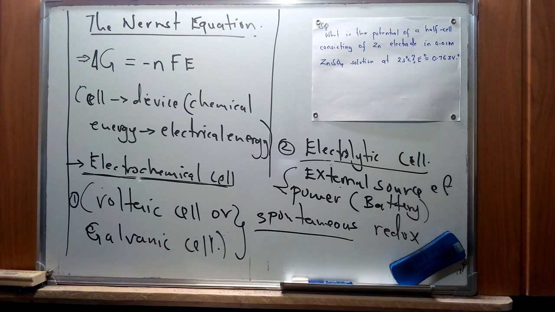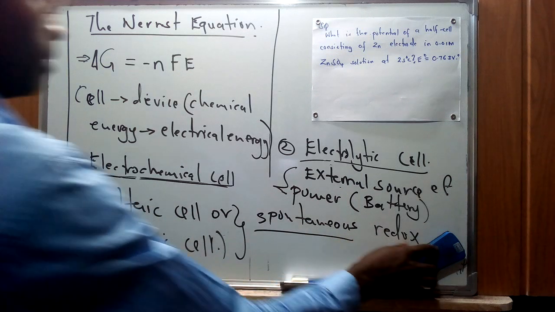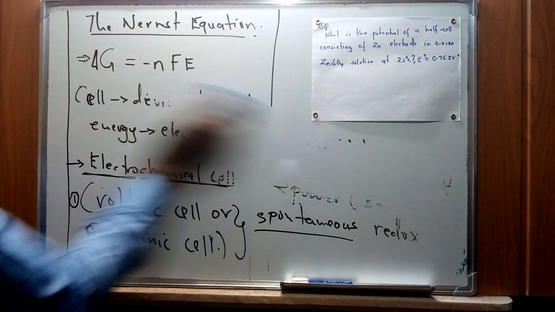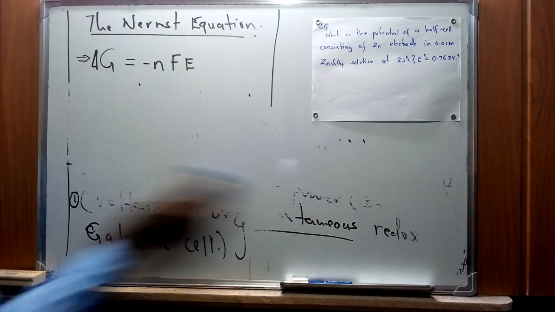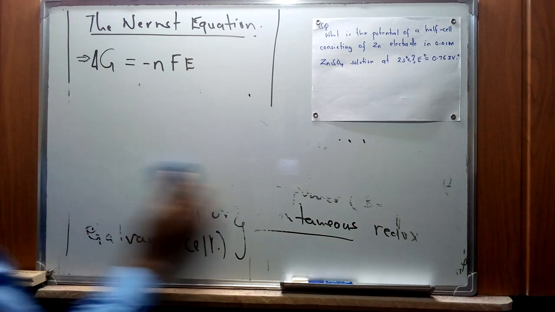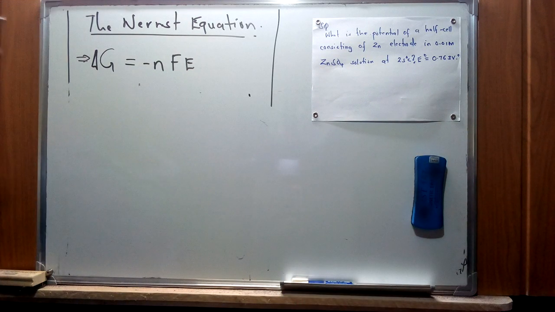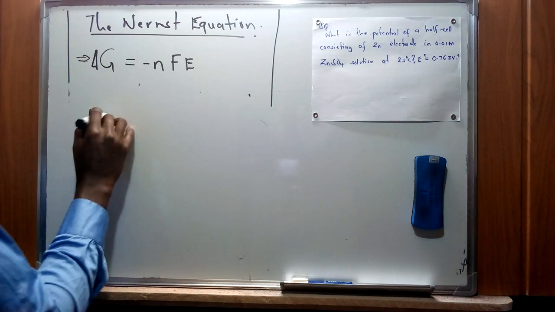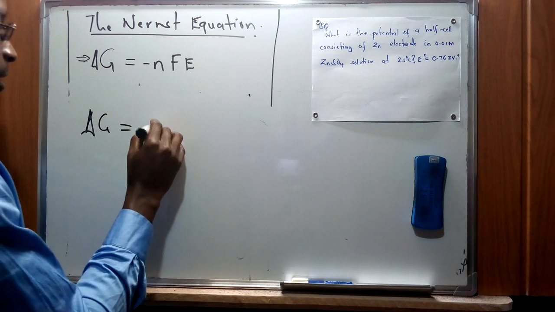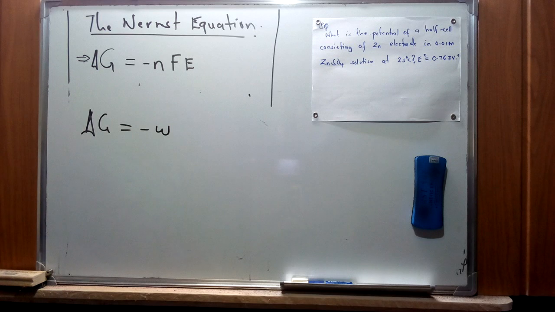Now we talked about the concept of Gibbs free energy, which was being represented as such. But this was a result of work, and we had defined Gibbs free energy as the negative maximum work that can be done by the system.